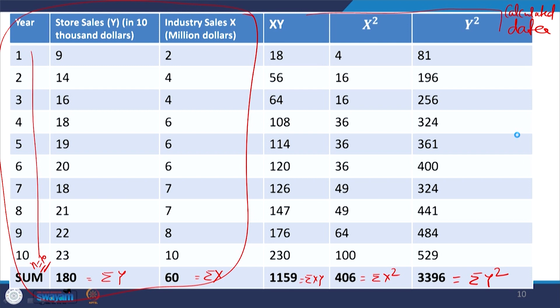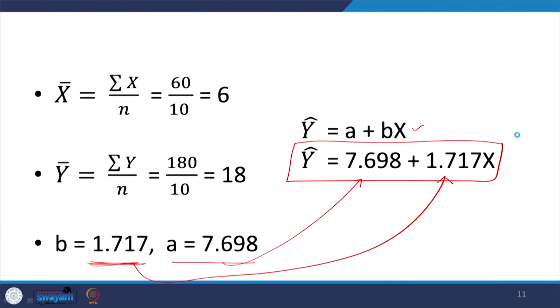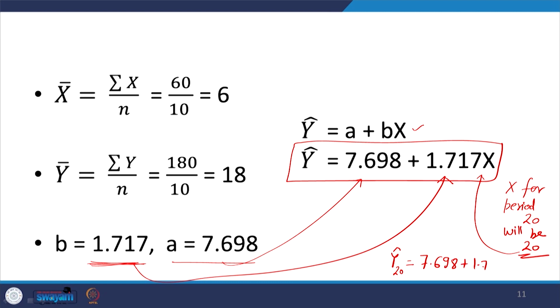Now, if I say that the value of x for period 20 will be 20, let us say, so now I can put this value of 20 here, and correspondingly for year 20th I can estimate the value of y cap as 7.698 plus 1.717 into 20, and this calculation will give me the forecast for 20th year.